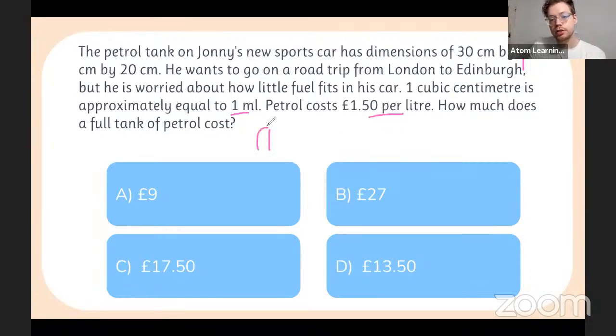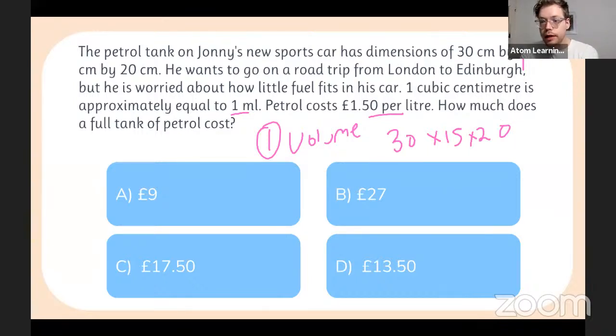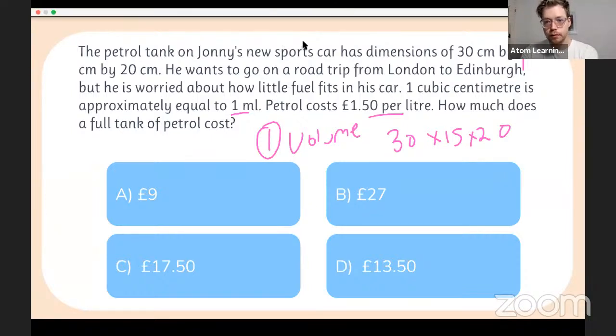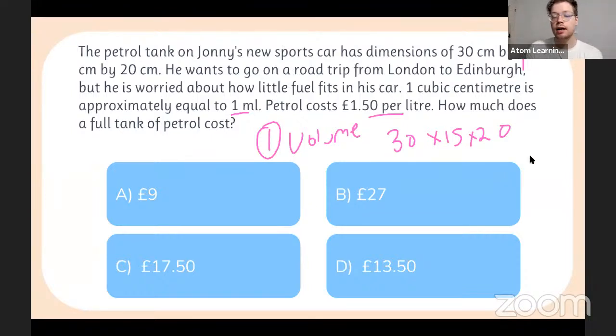So the first thing we need to do is calculate the volume of the petrol tank. So to do that, we do 30 times by 15 times by 20. I'm just going to check that it is actually 15 because my face is in the way. Yes, it is. So let's break it down into steps because otherwise it's a bit much.